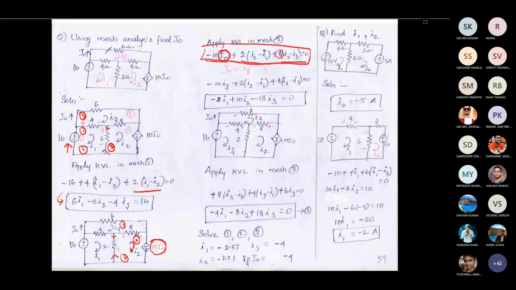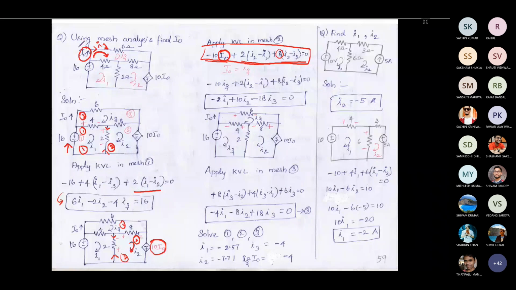Actually, we have assumed the current direction of this branch. So if you have assumed some current direction for this branch, I3 is going like this. That is what our assumption is. Then you can see that I naught and I3 are in the same direction. And since the current cannot change in that loop, the current in this particular branch cannot be different.